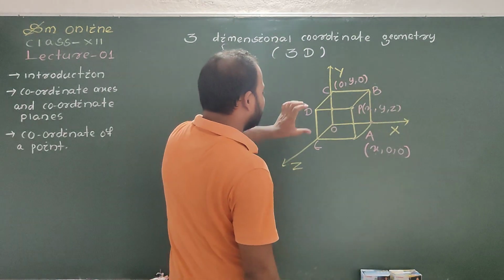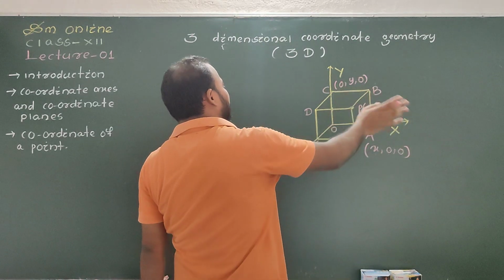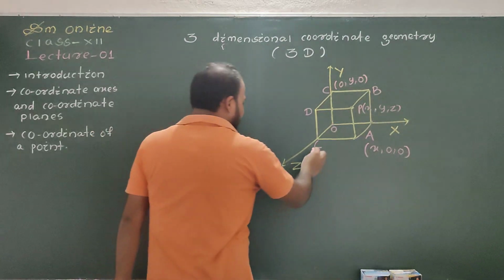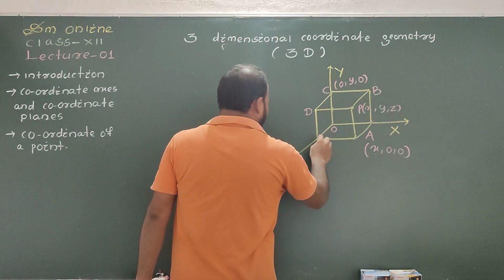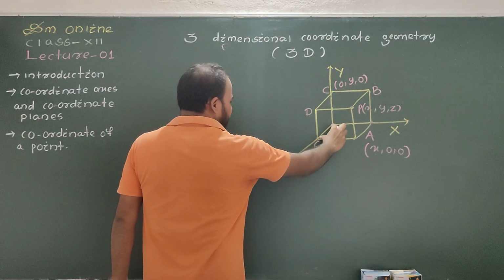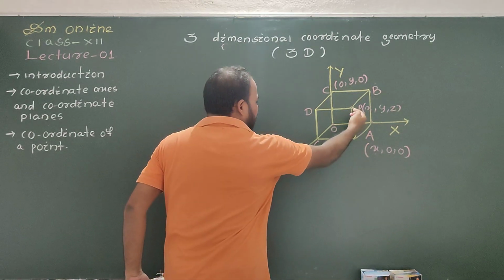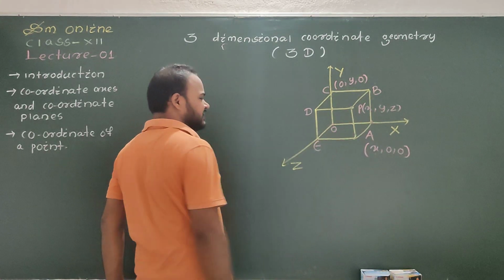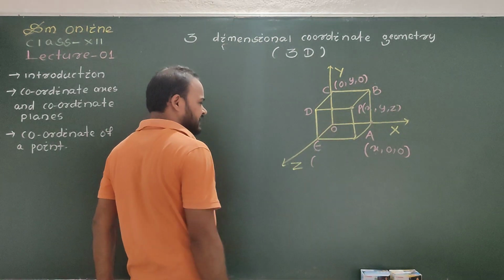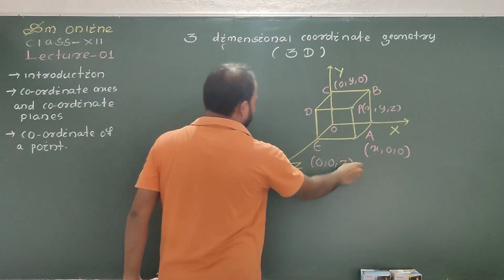It is the distance from origin to the feet of the perpendicular drawn on y-axis. Okay, and the point E on z-axis means it is the distance from origin to the feet of the perpendicular drawn from the point P on z-axis, and this distance is what? Z. So it is the coordinate 0, 0, z.